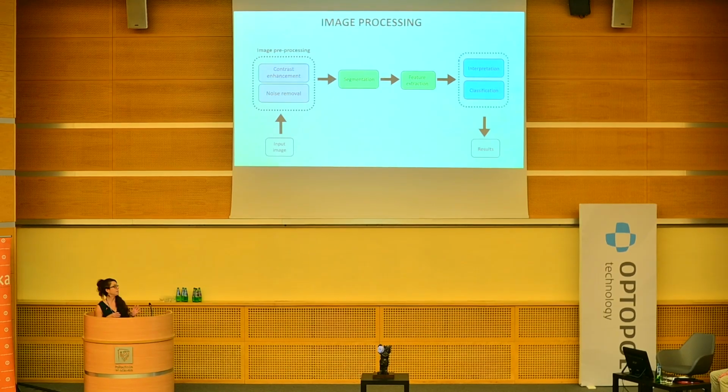This step is very important because it is the one where we want to get the most out of the image that we have. So we want to enhance the contrast of the structures that we are interested in studying, and we want to not amplify the noise of the image, or even reduce the noise of the original image. It is a very important step because it is going to determine how much we can extract from the final image.